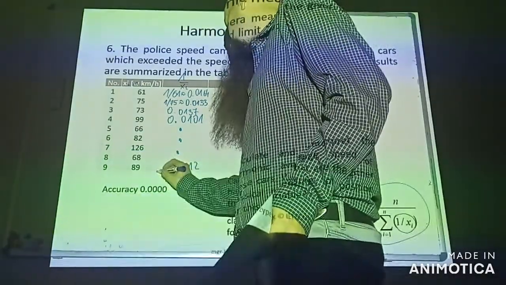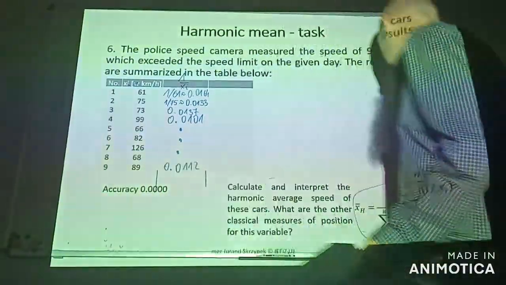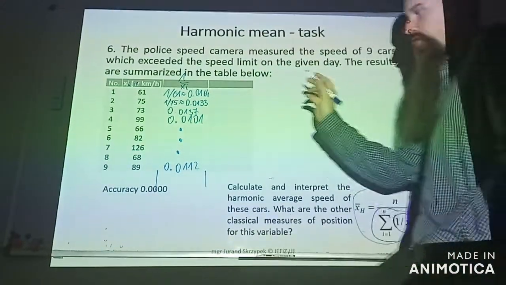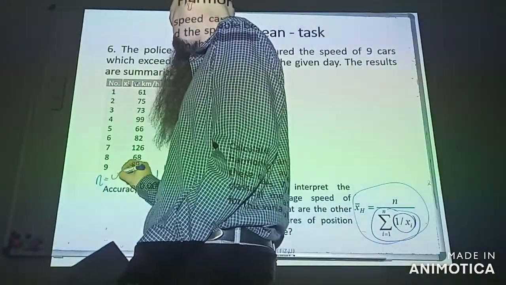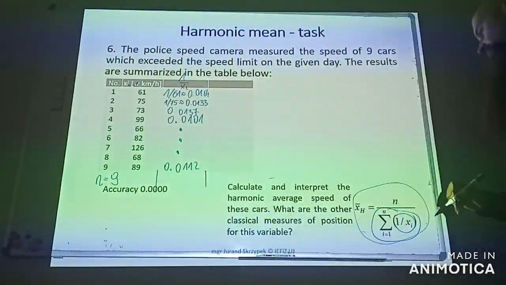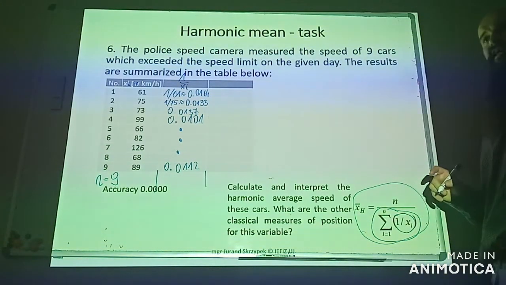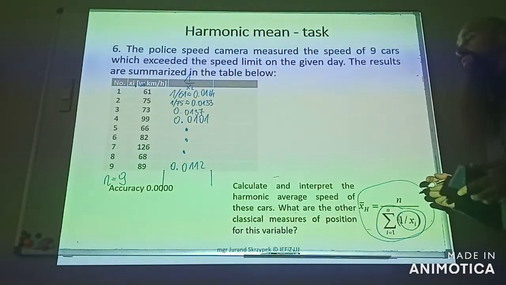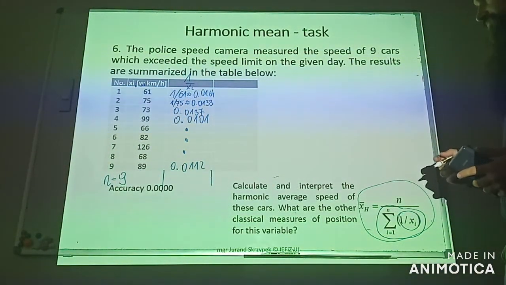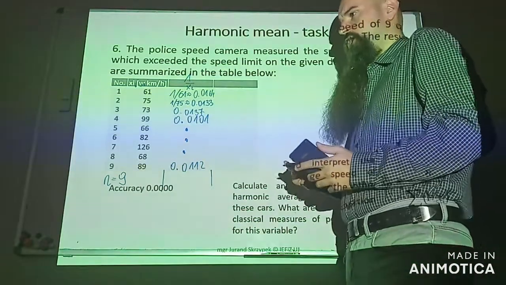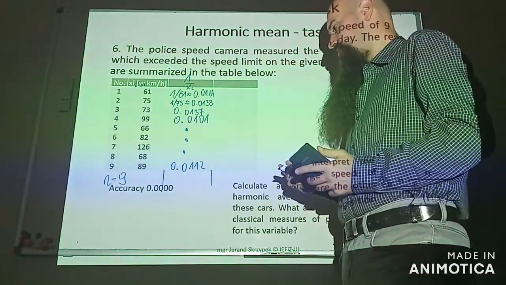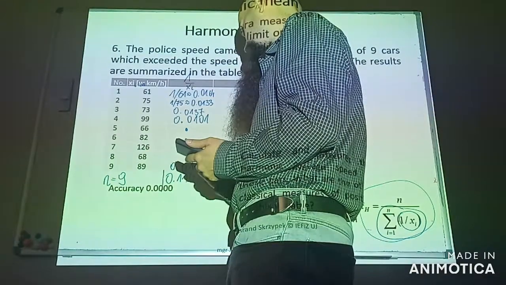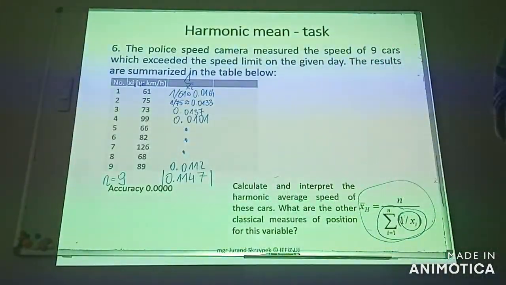And in the next step, we need the sum from i equal 1 up to n. The population size is 9. It means that we sum up 9 elements, and the sum of these reciprocals is 0.1147.